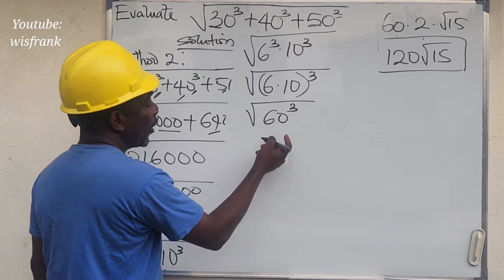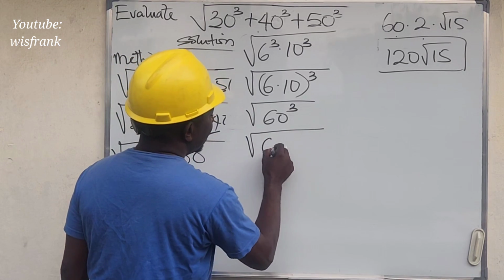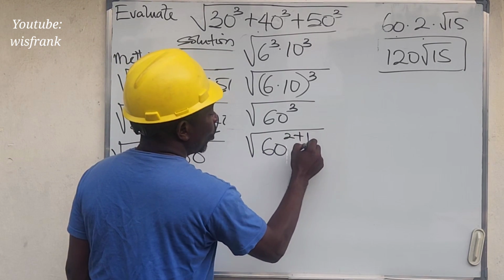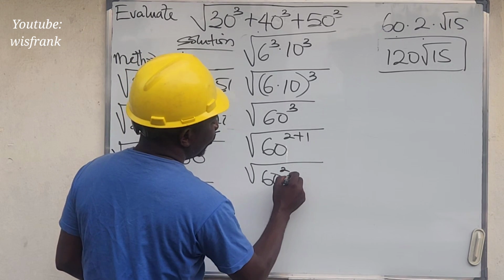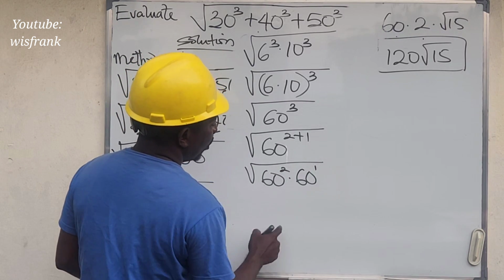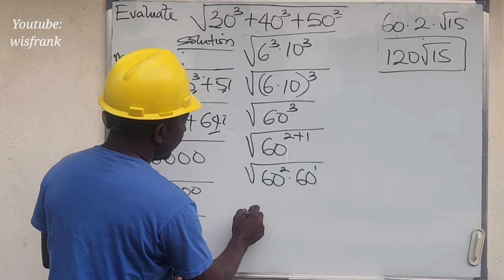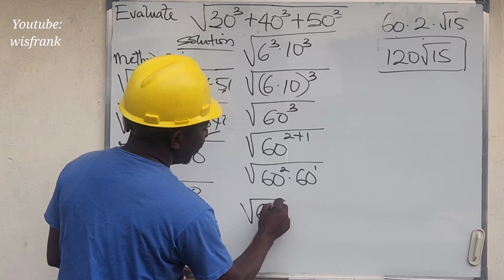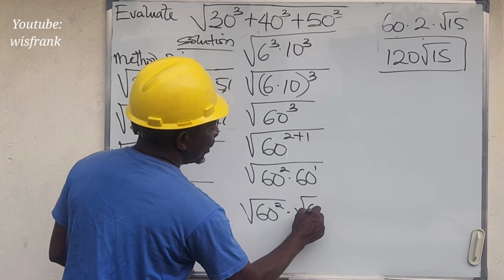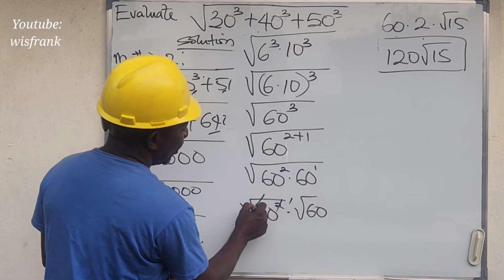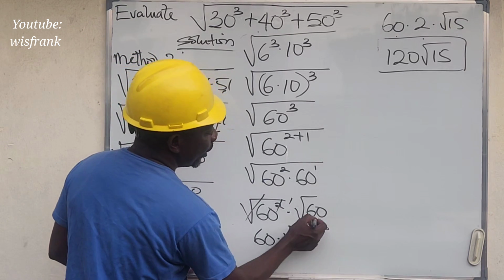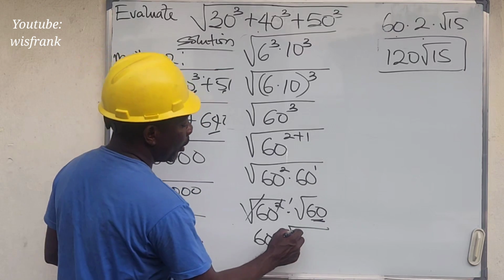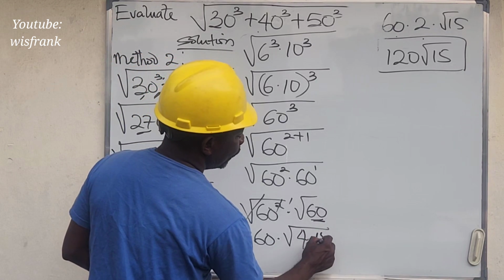We all know that we can rewrite this as square root of 60 to the power of 2 plus 1. This is the same thing as square root of 60 to the power of 2 times 60 to the power of 1. Separating this will give us square root of 60 to the power of 2 times square root of 60. So the 2 and the square root cancel, and we are now left with 60 times square root of 60, where 60 is 4 times 15.